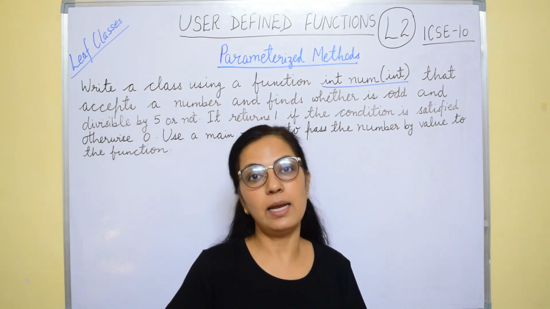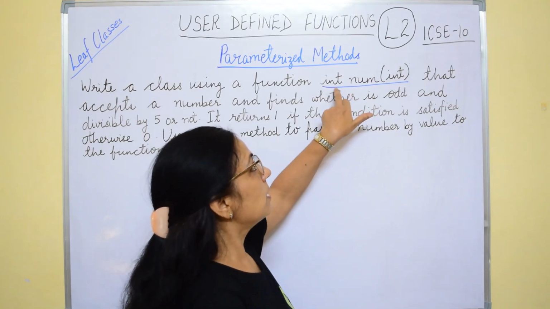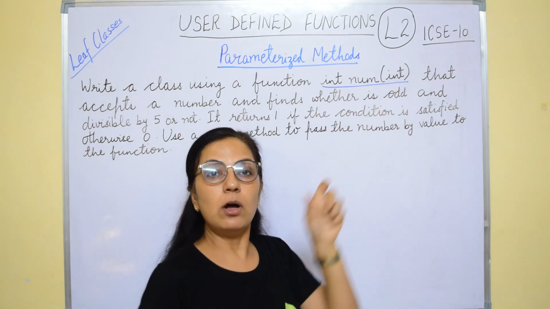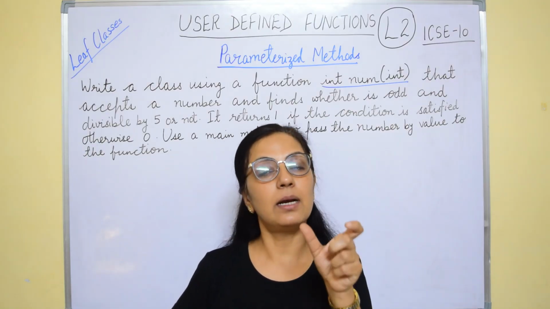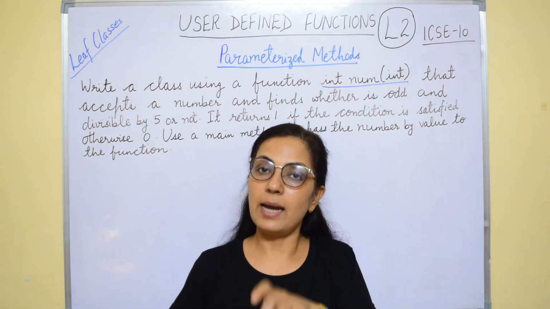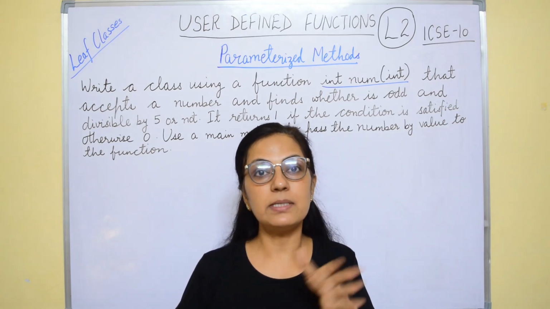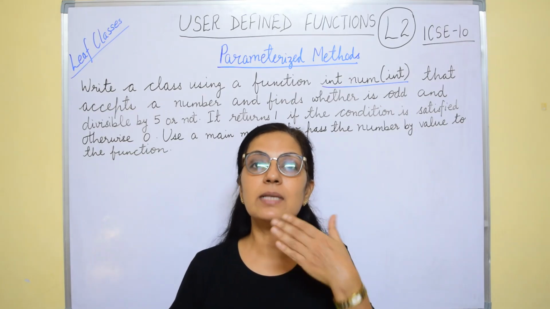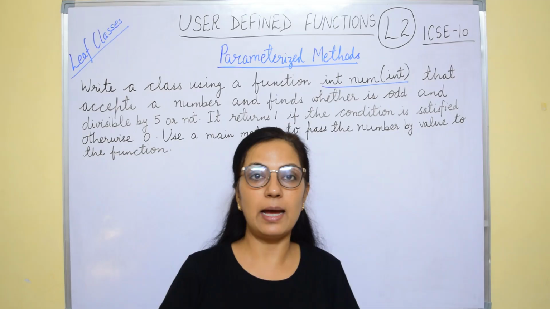This we have done in lecture 1 of this topic. Please go through that. So this is the return type, this is the argument type. Always you will get the question in which the function name is there, the return type is there and the argument type is there. If any of these values are missing, you have to go through the question very carefully, to see what is expected and according to that what will be the return type or the argument type.